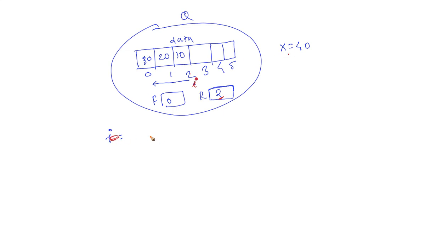So if data of i, that is data of 2 in this case, is less than x, or if x is greater than data of i, what I am doing, I am shifting the data of i to data of i plus 1, right?